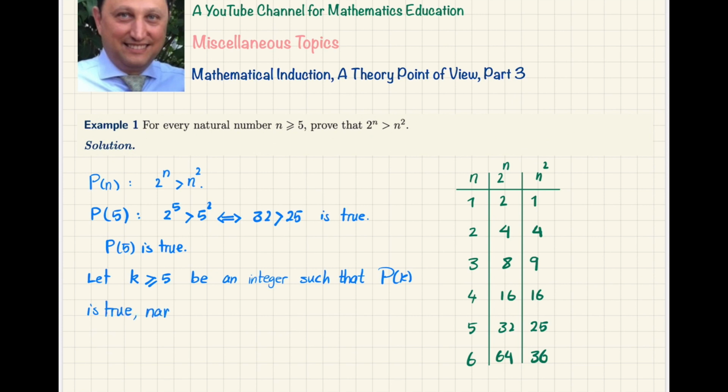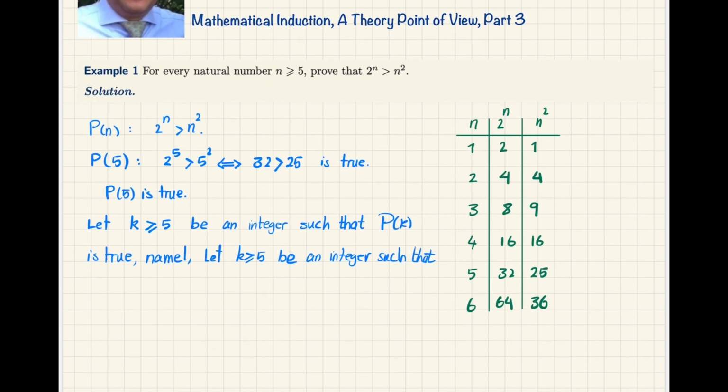Namely, let k greater than or equal to 5 be an integer such that 2 to power k is greater than k squared.